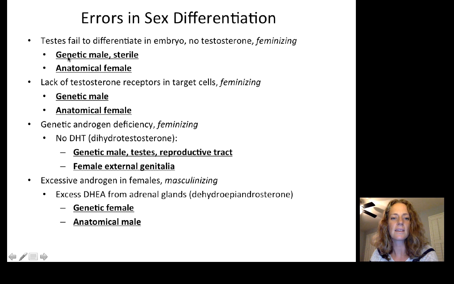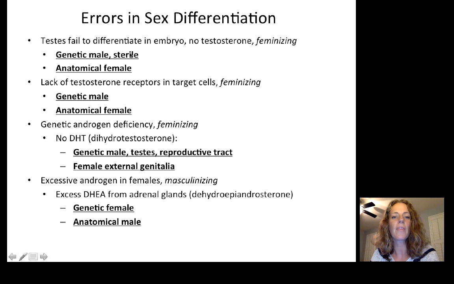In some cases, this will be a genetic male, so he has an XY chromosome, but is sterile, the testes are not functioning. And if the testes are not properly functioning, then he will be anatomically female.